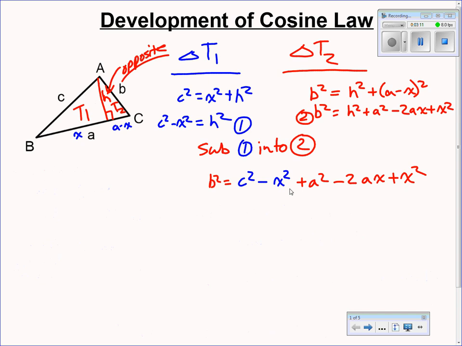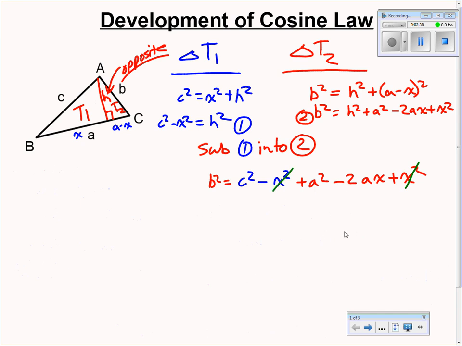And now, we're going to continue by rearranging this and putting all our basic letters that contain stuff for our triangle together. Now we're going to try to find a way to eliminate x squared. Now, I have a minus x squared here and an x squared here. So what that means is I can cancel these.